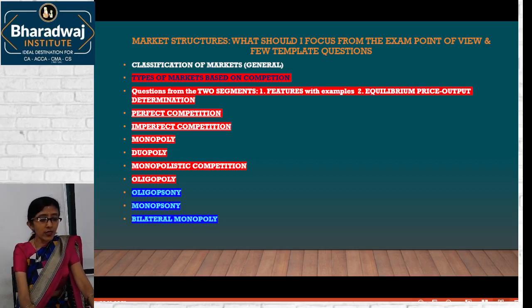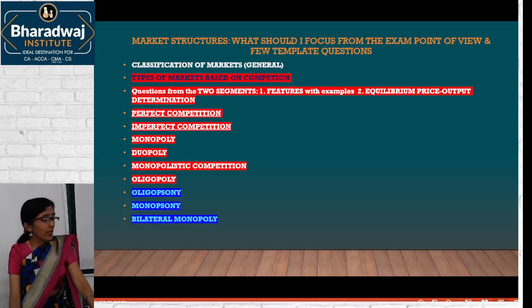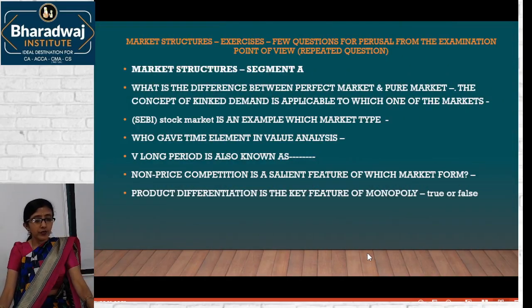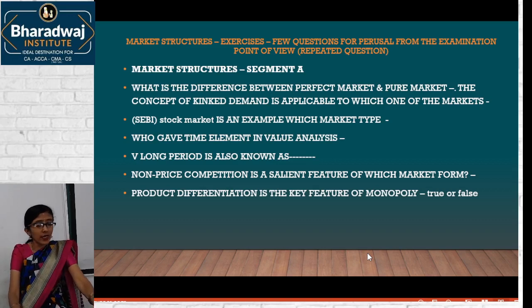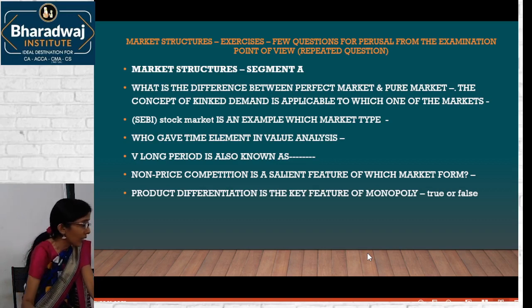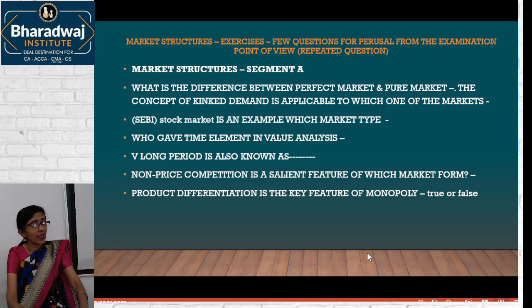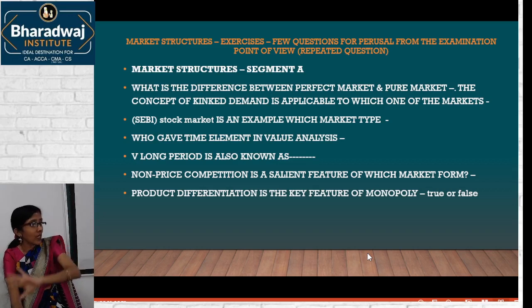Now look at this, questions from two segments, and I've listed them out. Few questions for perusal from the examination point of view. Some of the repeated questions have been selected and given here. This is from segment A. Segment A will be just knowing the market. The second one will be the graphical segment.